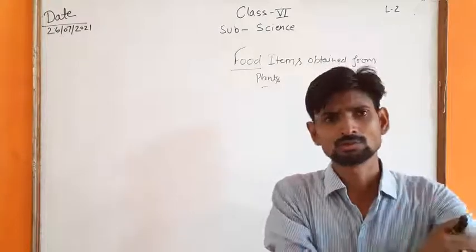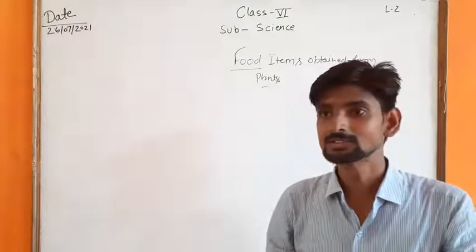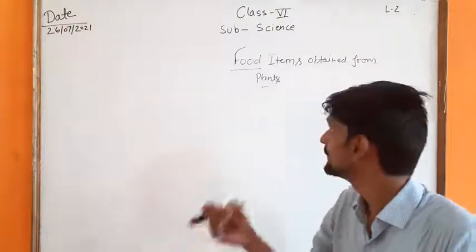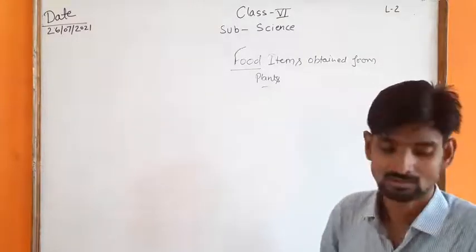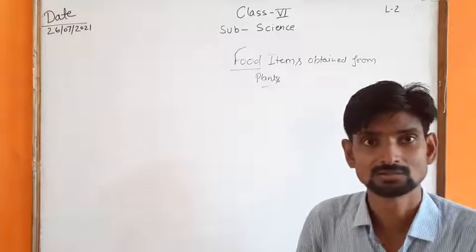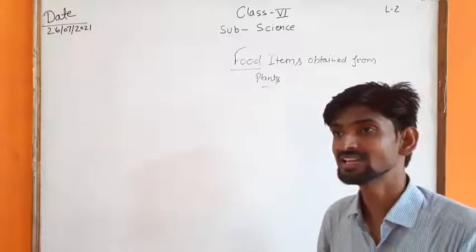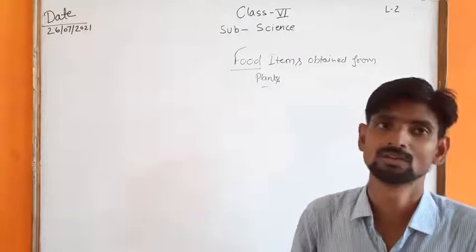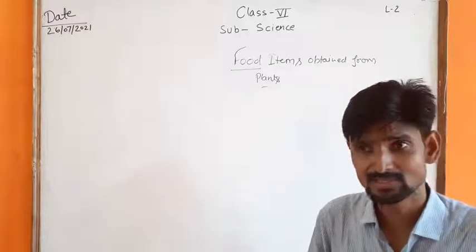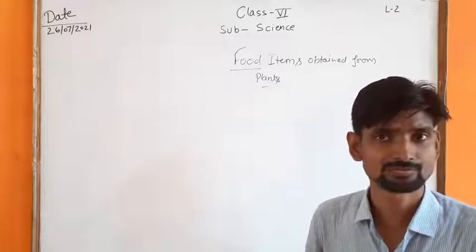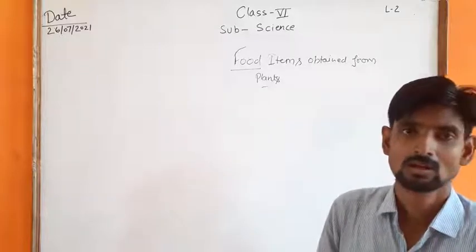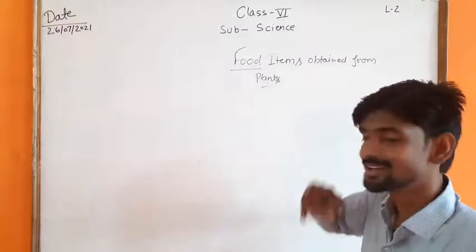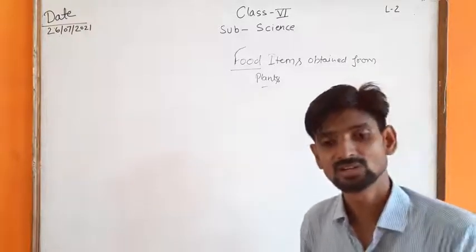You know very well there are lots of food ingredients or food items we get from plants. So you can say that we are mostly dependent on plants for our food. We human beings mostly depend on plants to complete our food. So what kind of food items can we get from plants?